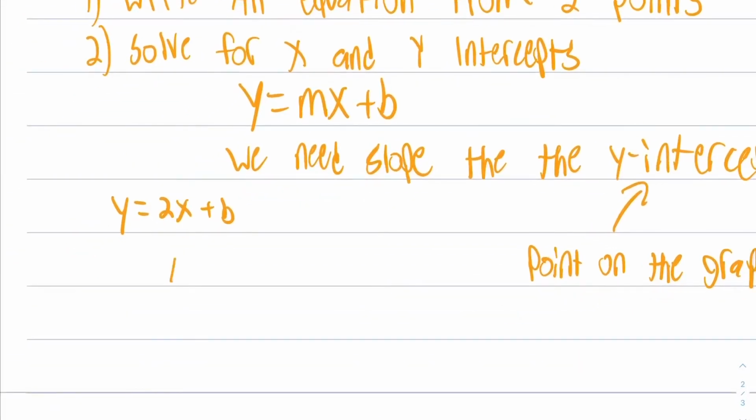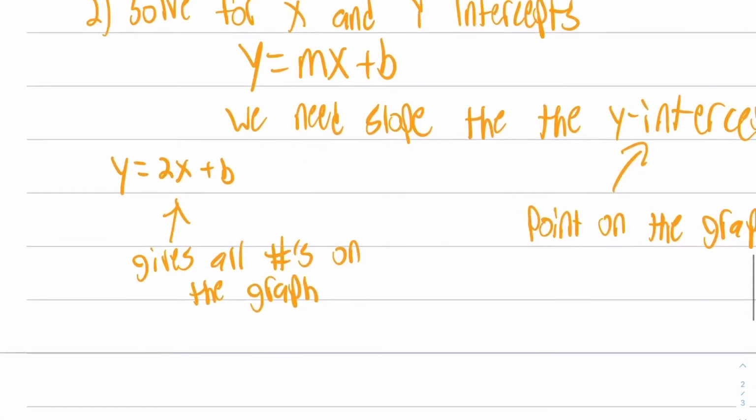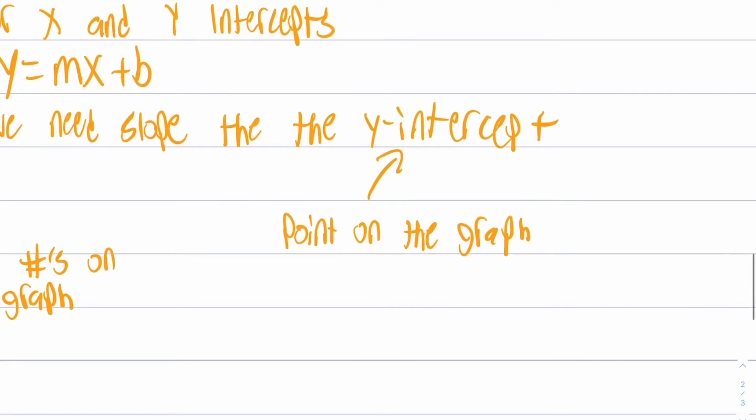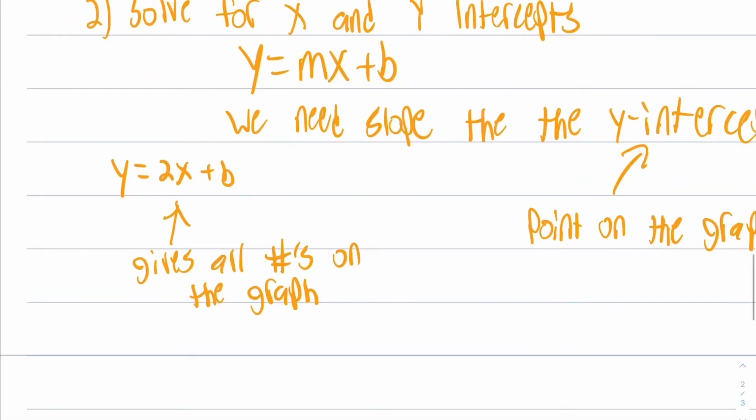This equation over here gives all numbers on the graph. We need the y-intercept, which is on the graph, and this formula will give us everything that's on the graph.